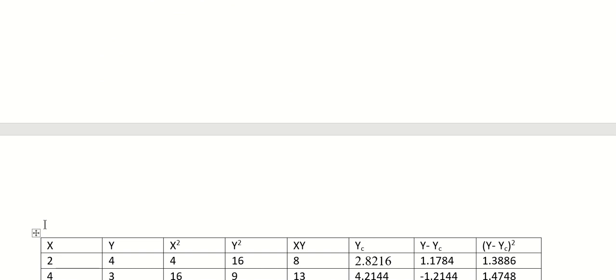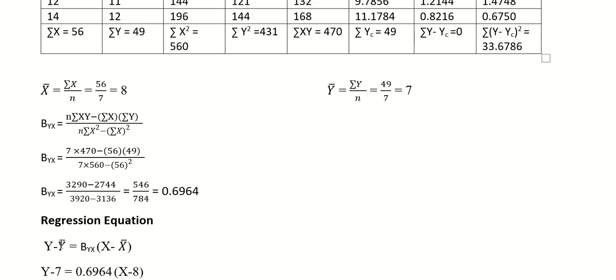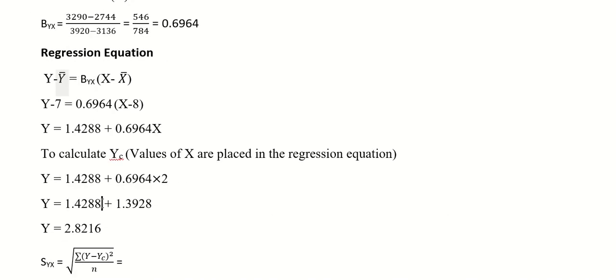If you want to apply the second formula, you need the values of a and b, which we can calculate from the regression line. a is 1.4288 and b is 0.6964.